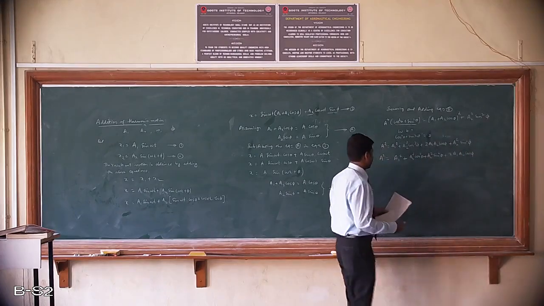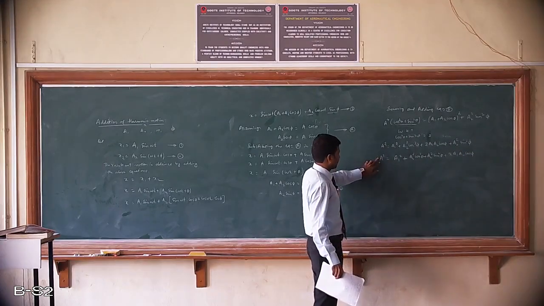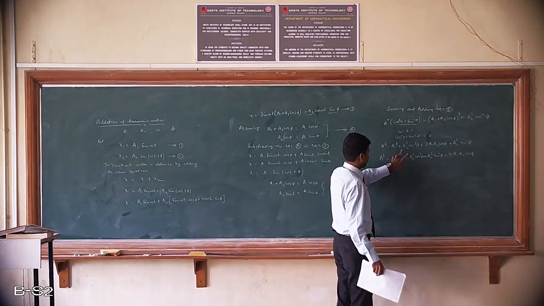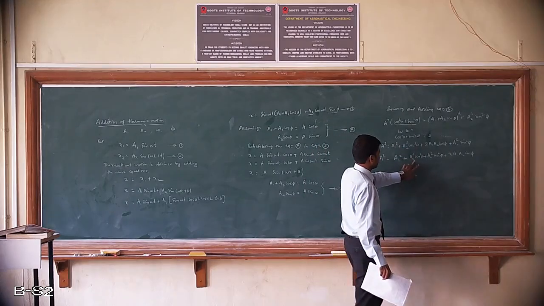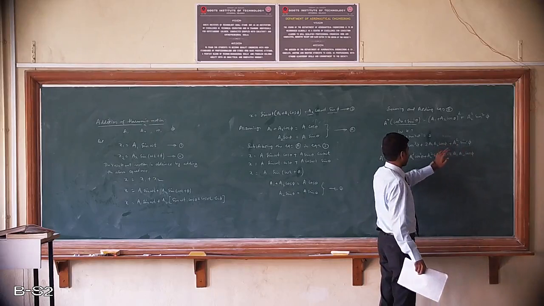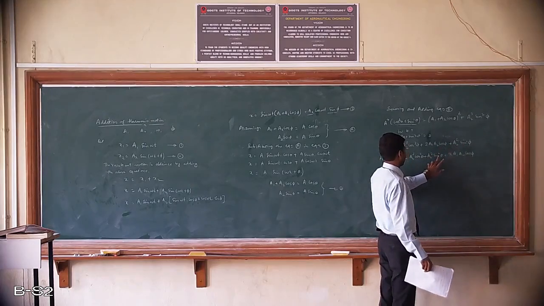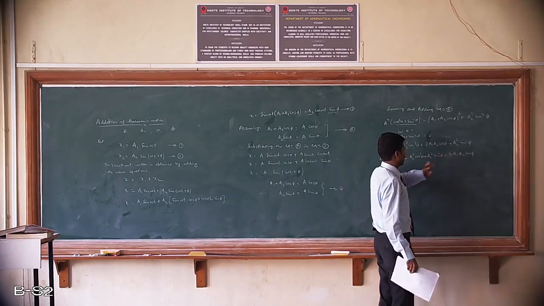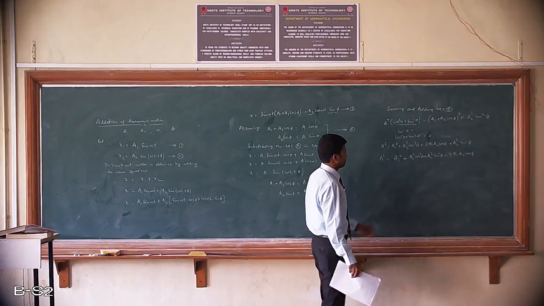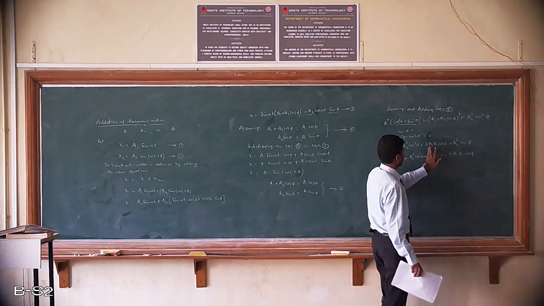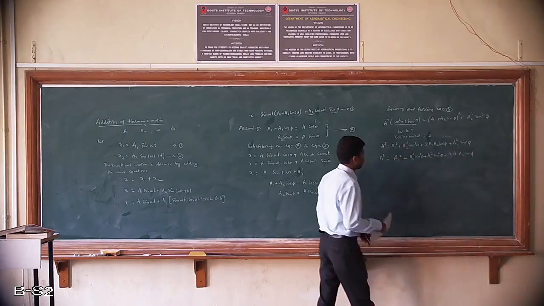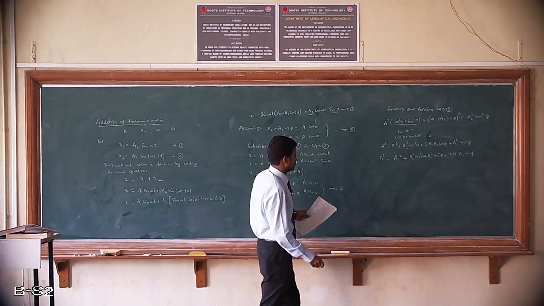What I have done is keep a1 square as it is, and a2 square cos square phi as it is. After this I have written a2 square sin square phi, then 2 into a1 into a2 into cos phi.